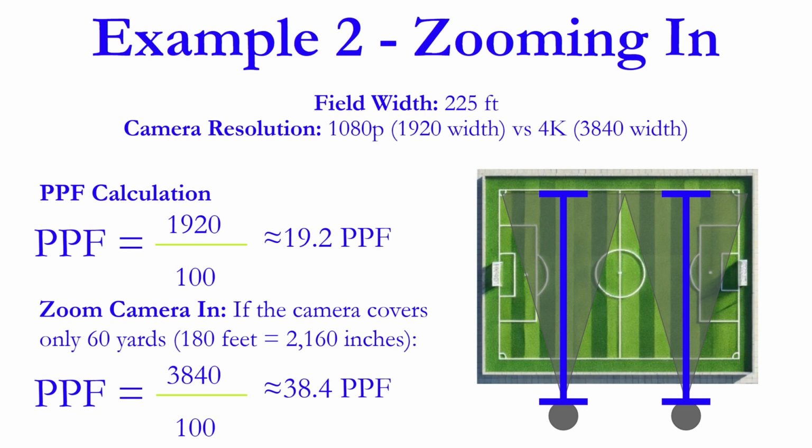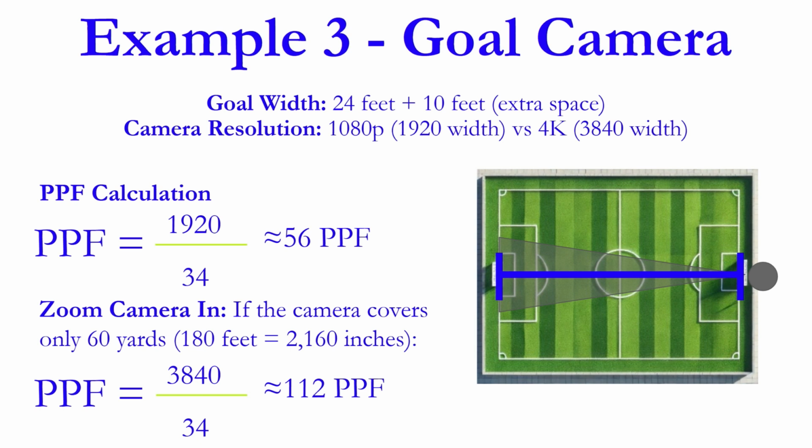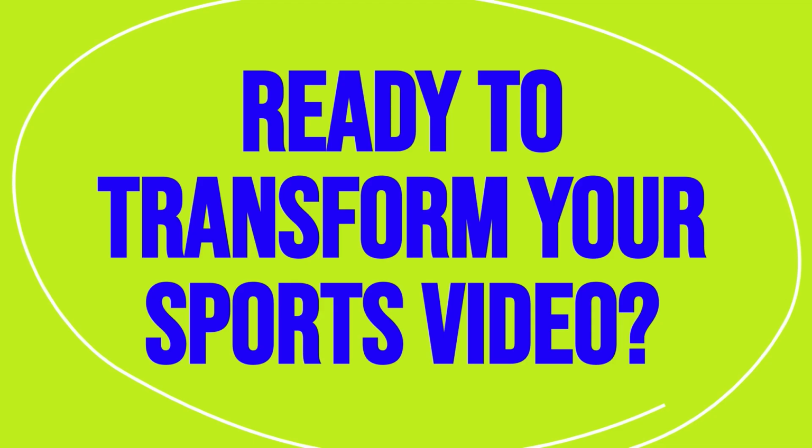And so the more camera angles you give coaches, the better, because that will give you more pixels to work with. If you're looking at a goalie, for example, you can put the camera on the far end and you can zoom in to that angle and use optical zoom to enhance your pixels per foot. And now you'll see, even with a 1080p camera, we're in that neighborhood of 50 to 60 pixels per foot where you can really get good details for your tactical cameras.